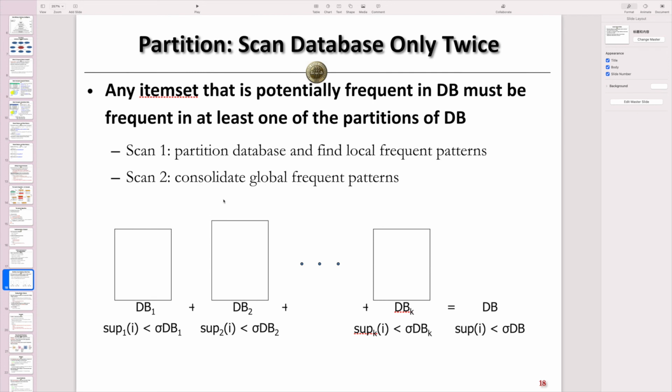This is the way we can further improve the Apriori algorithm when dealing with larger-scale databases. For the other challenges, we also have methods to handle them, but we will not mention them in class, and you may check the textbooks for more information.